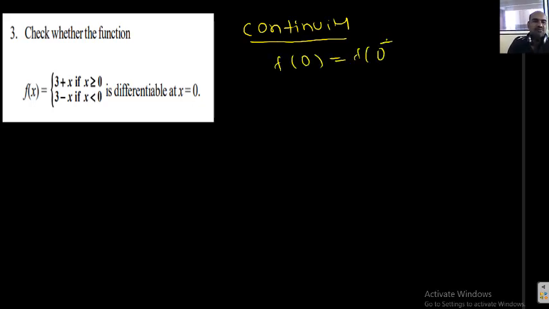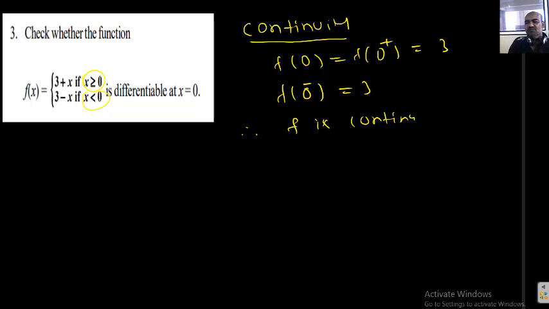Both rules give the same value, that is equal to 3 only. F of 0 minus, I want, in this rule put x equal 0, 3 only. So f is continuous at x equal to 0.